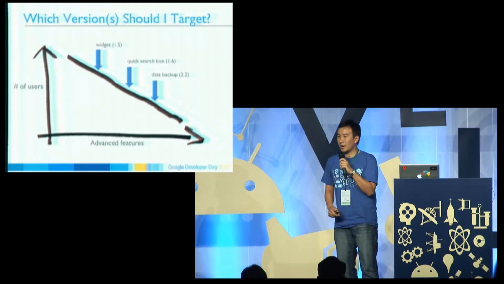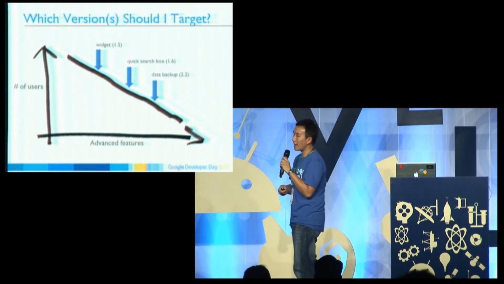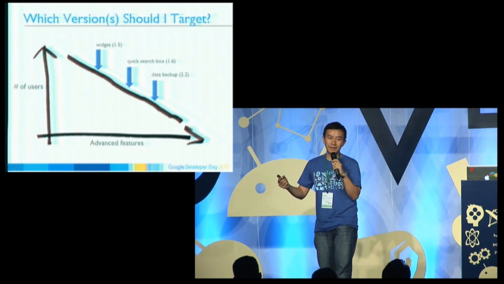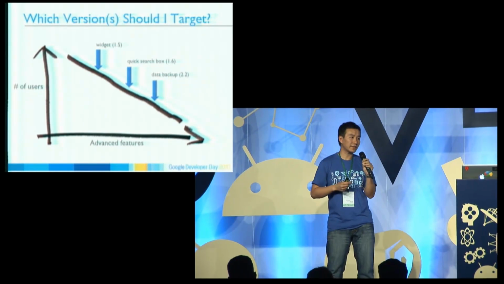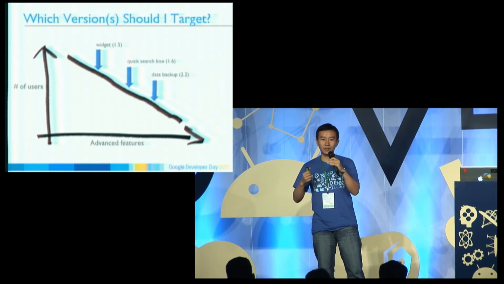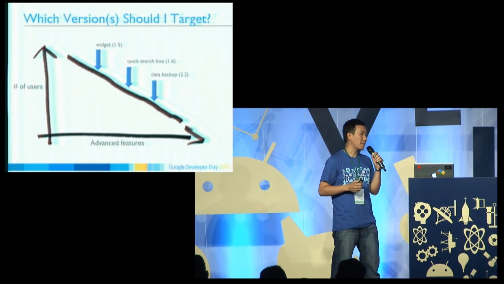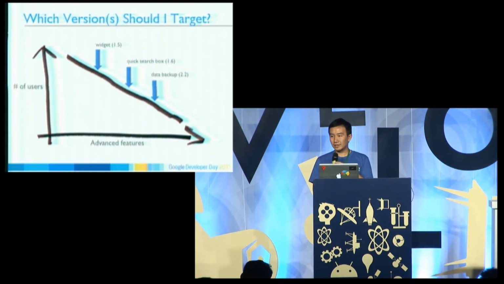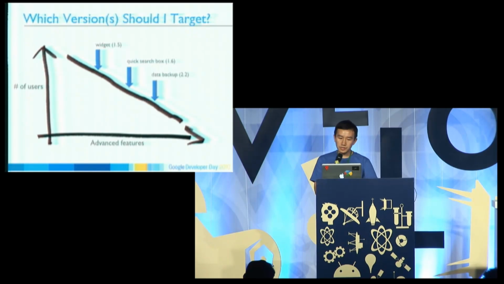Versus if you want to target the data backup feature or live wallpaper features that were introduced in more recent versions, you're going to have to balance that yourself to figure out what's my cost benefit: additional features, or relatively speaking fewer users. But over time you can expect that users will be upgraded to newer versions, and newer devices that come out will be running newer versions.